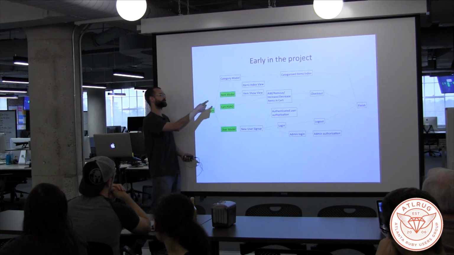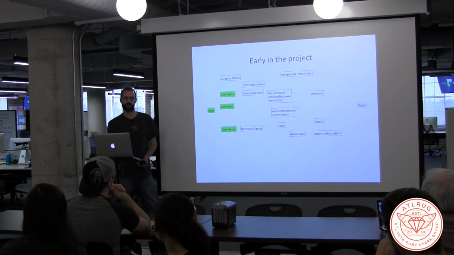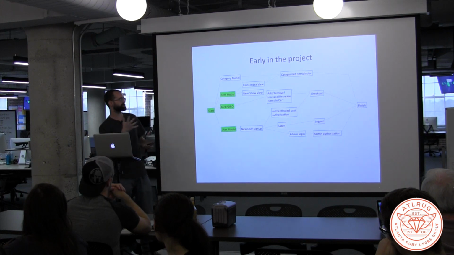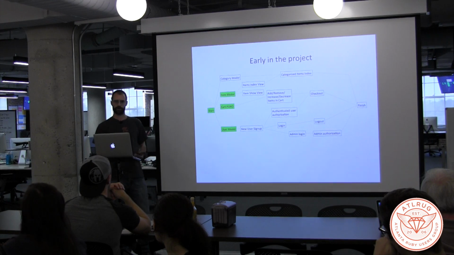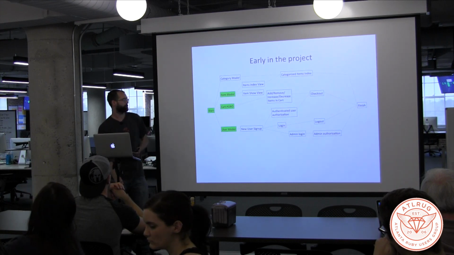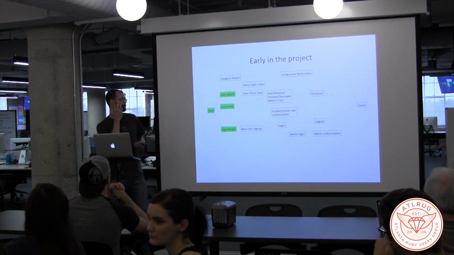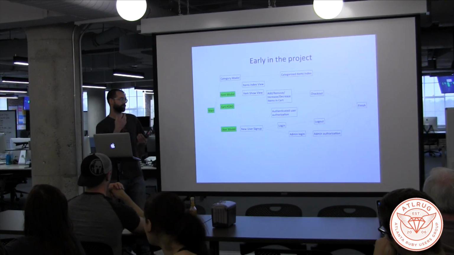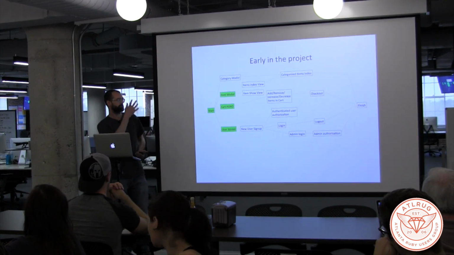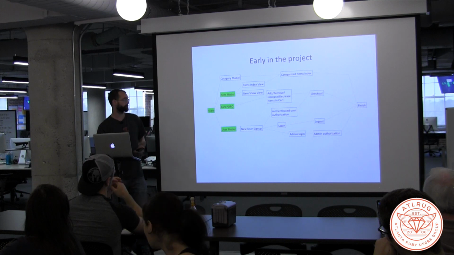And we would have to work on the item model before we could do the item index. So this helps us see that the item model is something we can work on right away up front. In this chart, we put a node in green once it was done, and things still to do are in white.